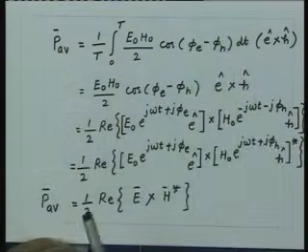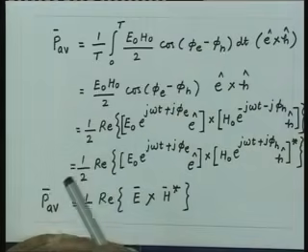So, at some instant the power might be going in a certain direction, and after some time the power will be coming back in the same direction. So, the imaginary part of E cross H conjugate gives me some kind of oscillating power which we call the reactive power, whereas the real part of E cross H conjugate gives me the net power flow, or what we call the resistive power flow at that particular location.